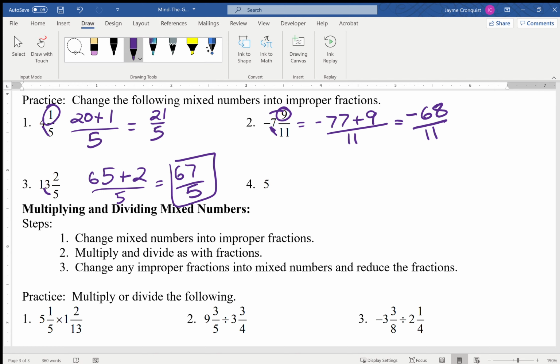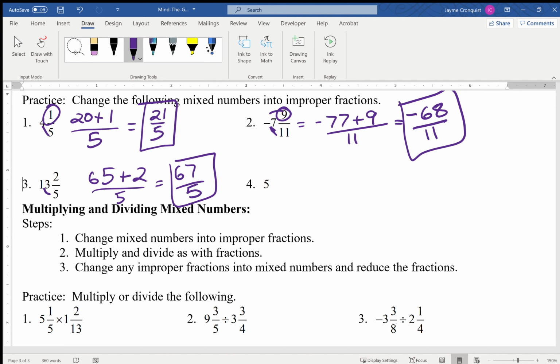Sorry, I forgot to box my answers. All right, 5. You can't really change 5 into an improper fraction because it's not giving us a fractional portion. So I guess the best way to do it would just be 5 over 1. You could do 10 over 2. You could do 15 over 3, because they all simplify to 5.